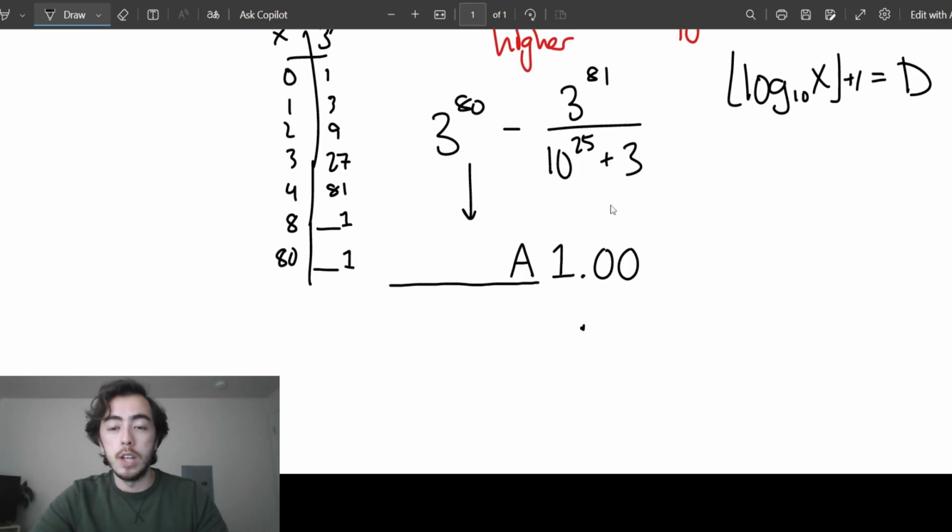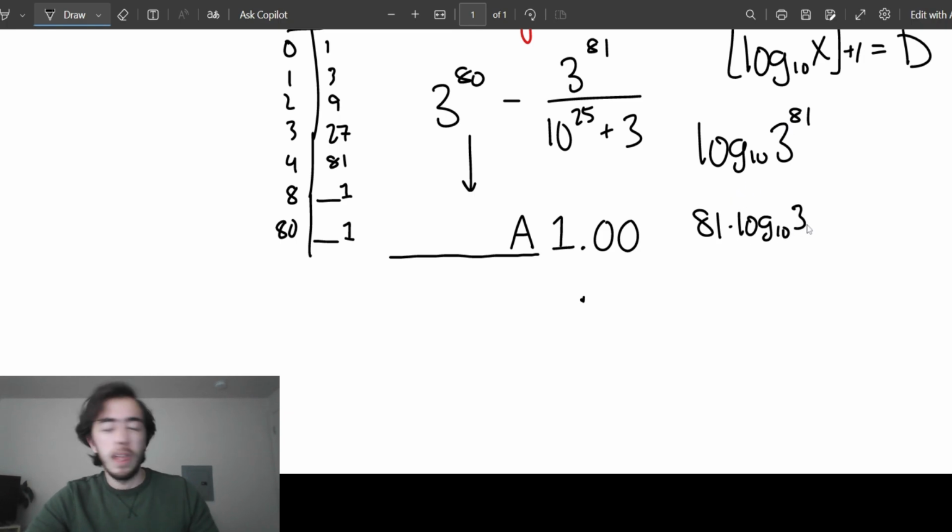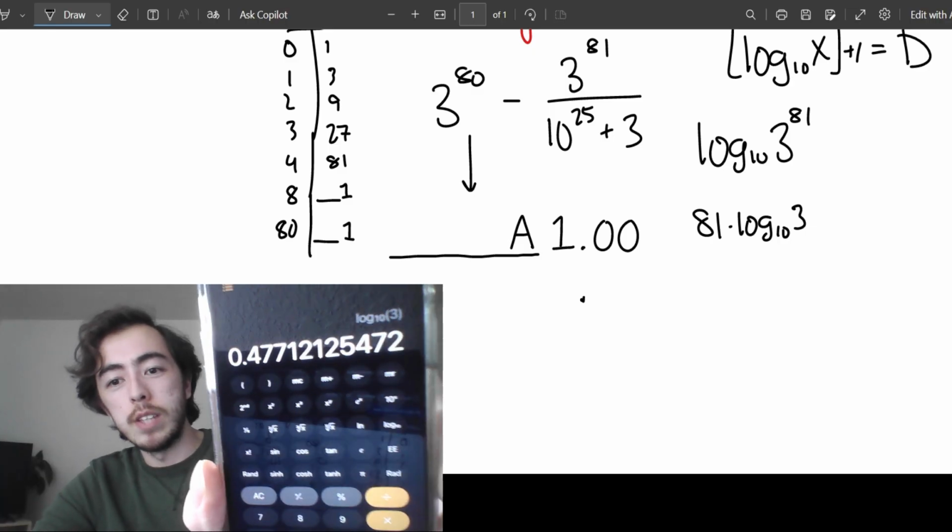So we can do that to the top and bottom just to see how big these numbers are, to get a sense of whether this is a number that's bigger than 1 or less than 1. Well, log base 10 of 3 to the power of 81, I could use a log rule here and do 81 times log base 10 of 3. And I don't really know what log base 10 of 3 is off the top of my head. I know it's between 0 and 1, but I guess it's 0.477.